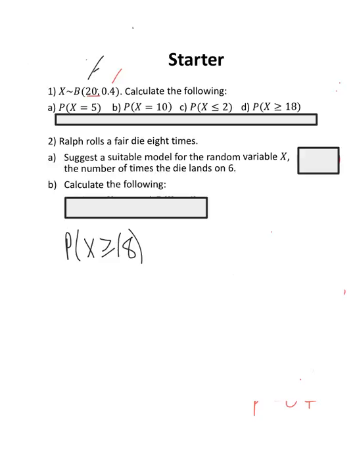So we can input this data into our calculator. So usual thing, this time again remember it's going to be the binomial CD button. So we're going to put in our values for x is going to be 17, our n is going to be 20, and our p is going to be 0.4. And when we put that into our calculator, it gives us a probability of 0.9999.